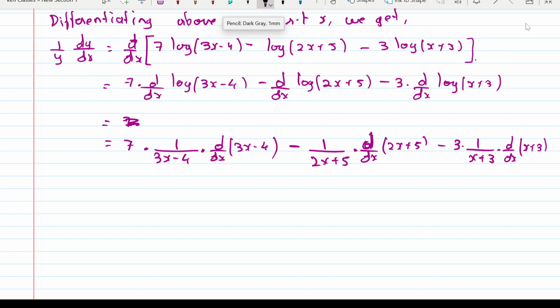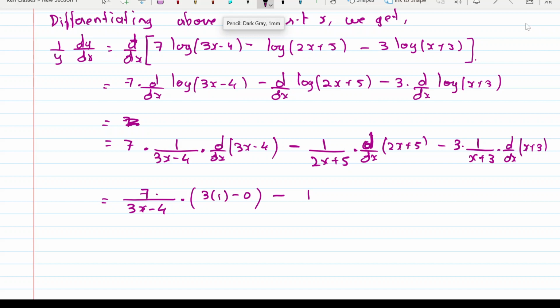Again, this is equal to 7 upon 3x minus 4, and what will be its derivative? 3 into 1 minus 0. Right, this is the minimum step. If you can write d by dx of 3x minus d by dx of 4, well and good. Write as much as time permits.